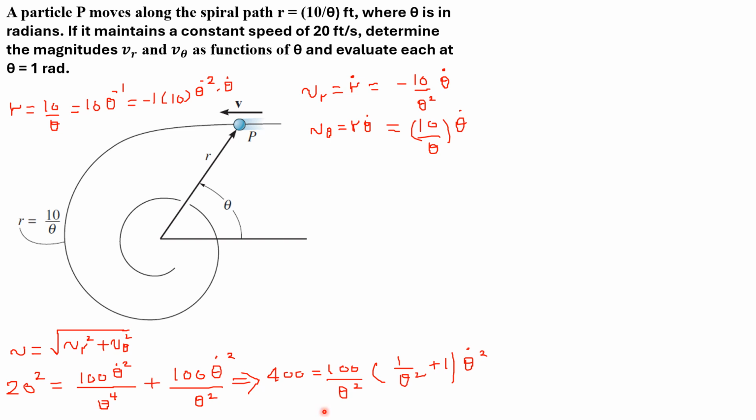Now from here, I can make this one fraction, if I multiply the denominator by theta square and theta square here. So plus theta square over theta square, theta dot square.